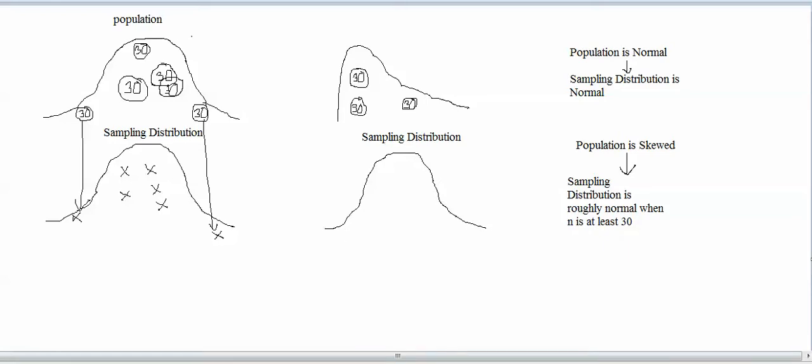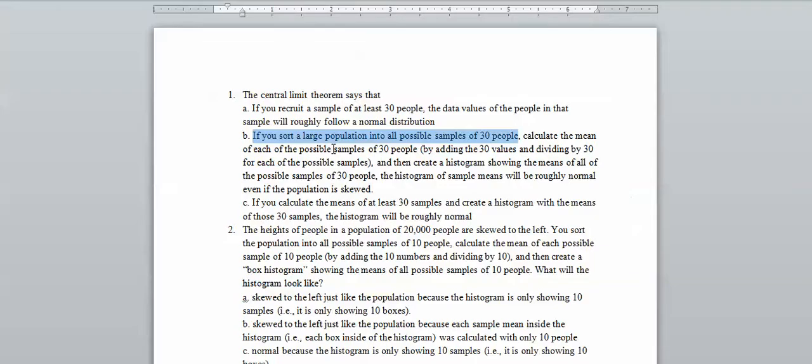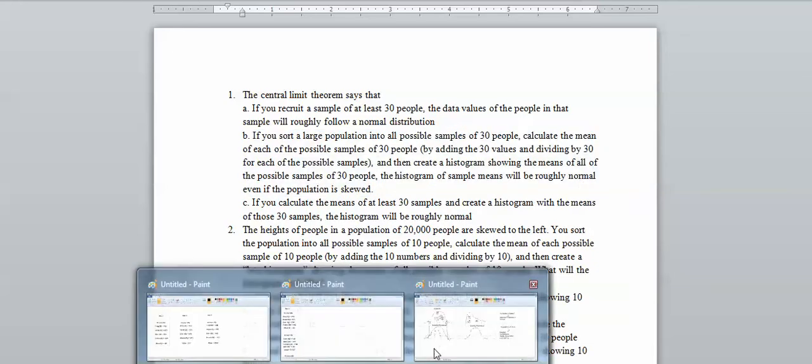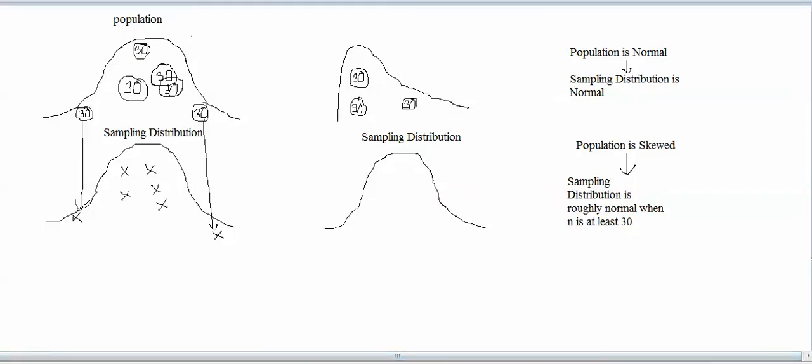The histogram of sample means will be at least roughly normal even when the population is skewed, like it is here. So that's the answer.